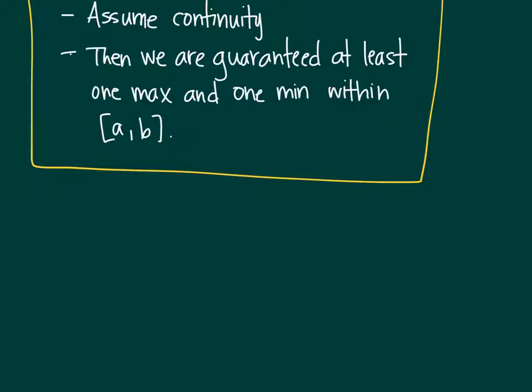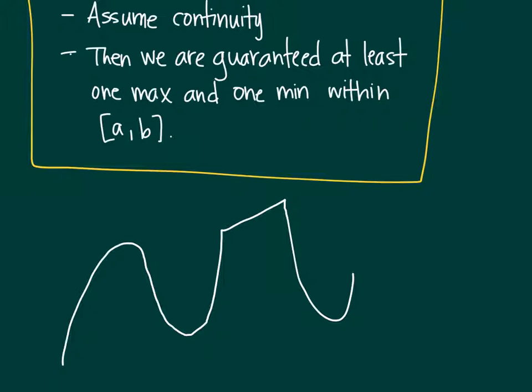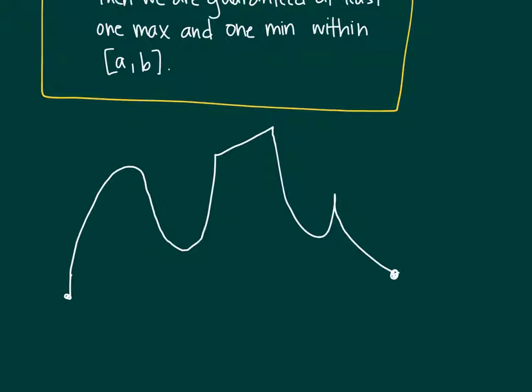All right, we could have something that looked like this. All right, here we go. Okay, there is something that has a closed interval and it's continuous.